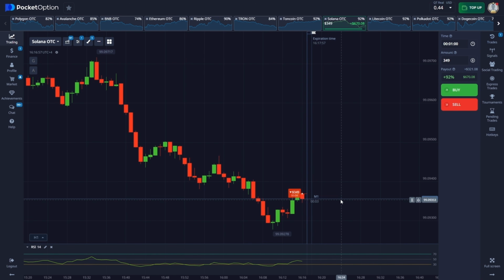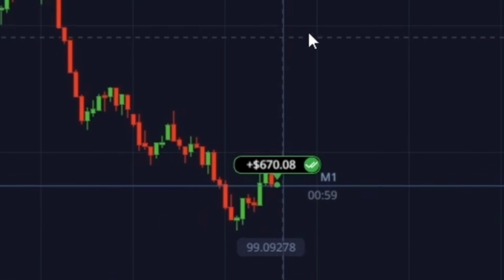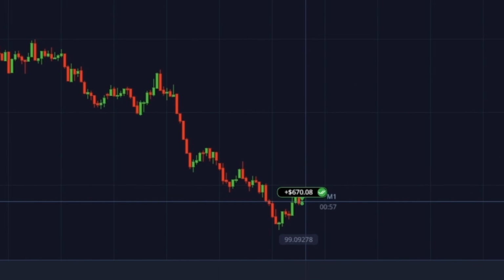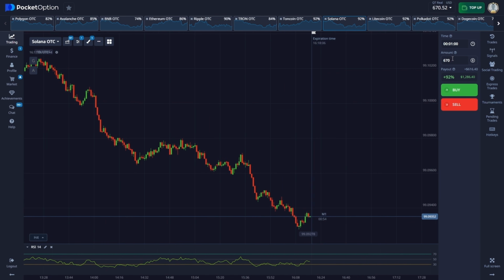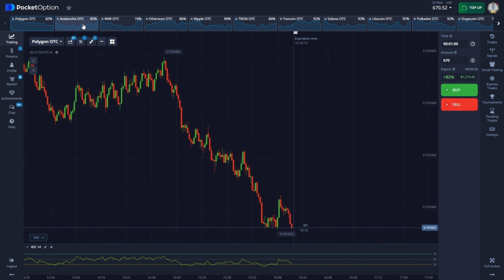Only a few seconds left. And I won another trade. And now my balance has turned into $670. Let's find a trade for $670.